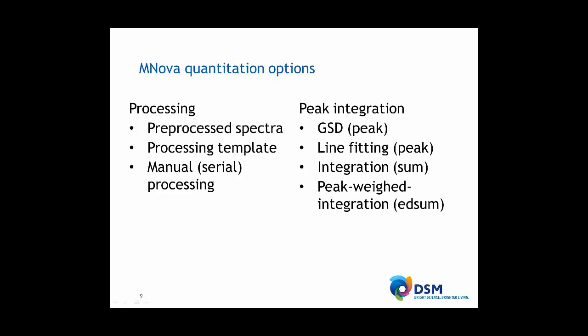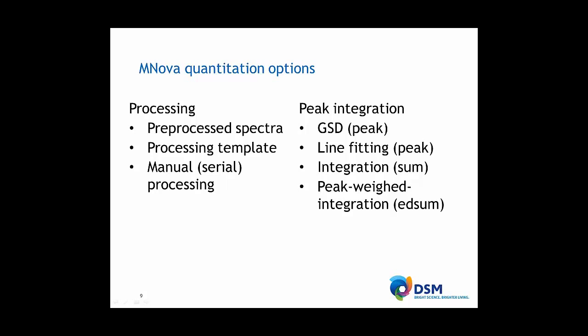Okay, for the processing part, there are several ways to look at your spectra. You can use the pre-processed spectra from, for instance, Topspin, or you can process your data within Mnova using a processing template, or do it manually or in a series. And you can find on the blogs of Mestrelab how you can do that.